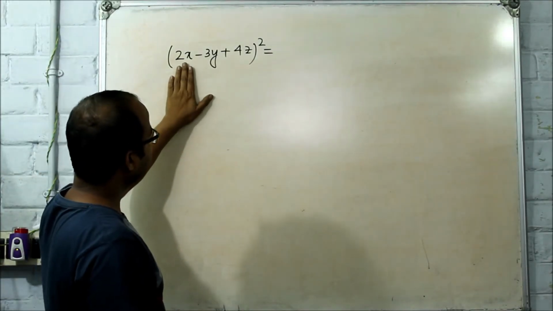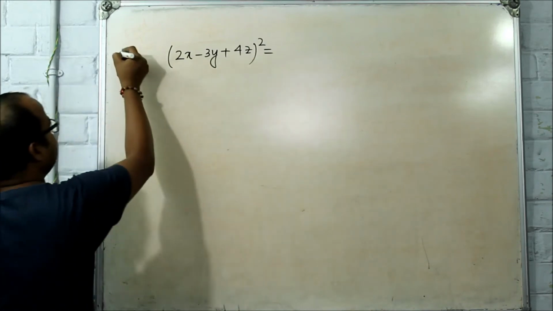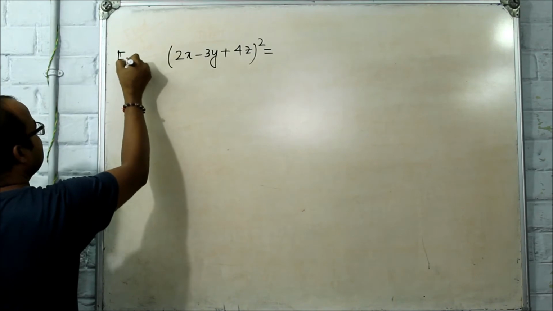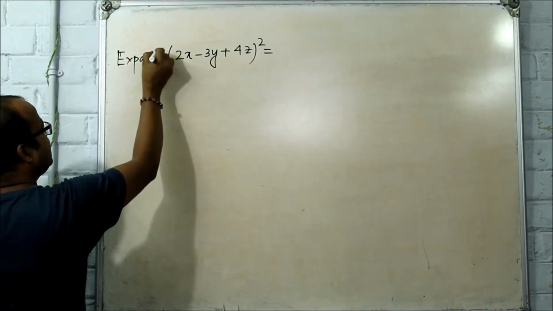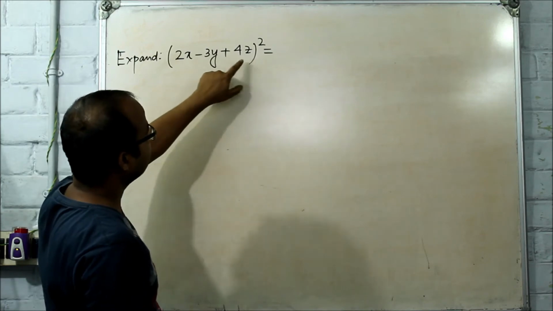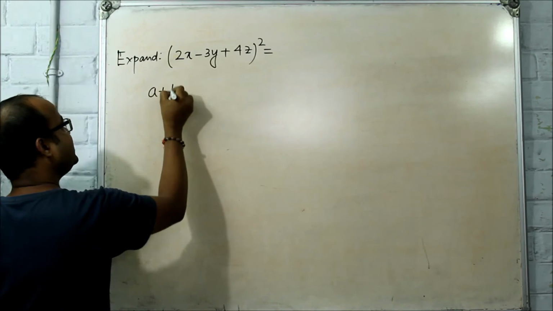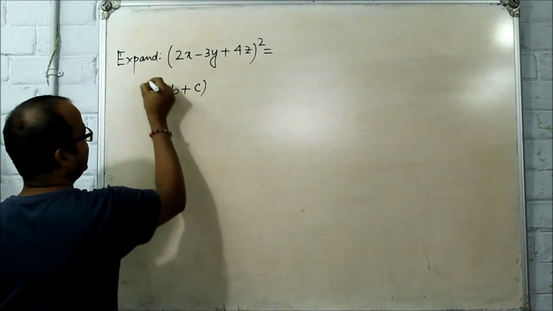Expand (2x - 3y + 4z) square. We need to expand (2x - 3y + 4z) square. Here we are going to use the formula (a + b + c) square.